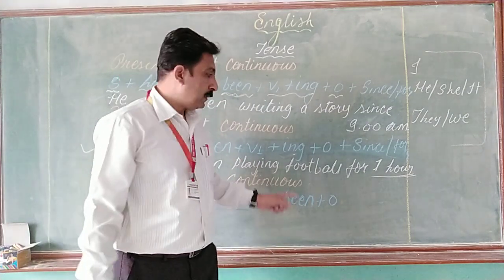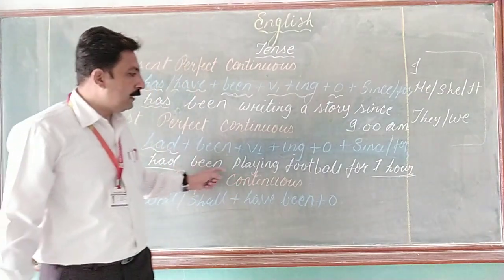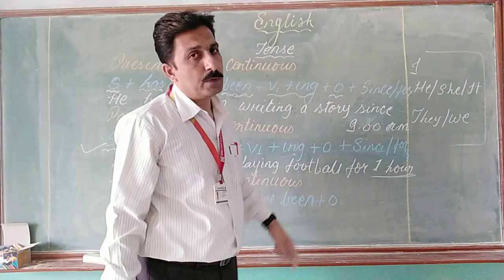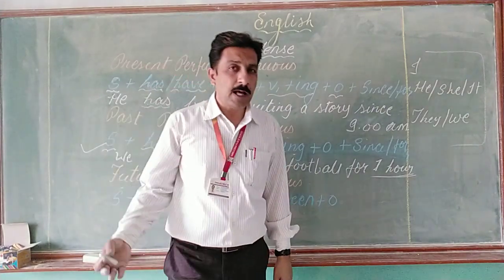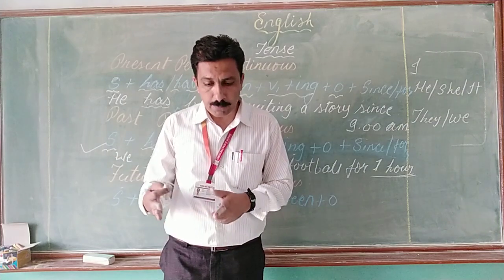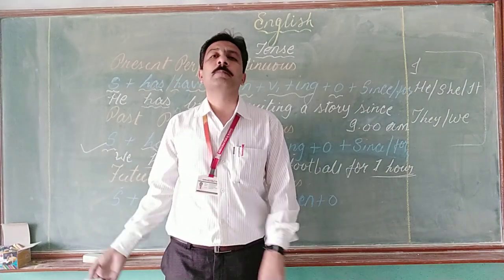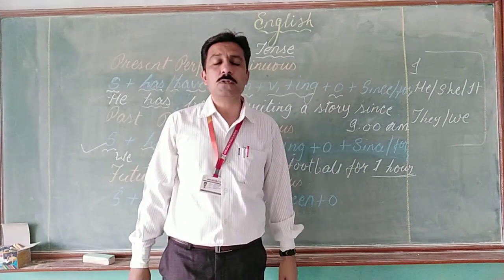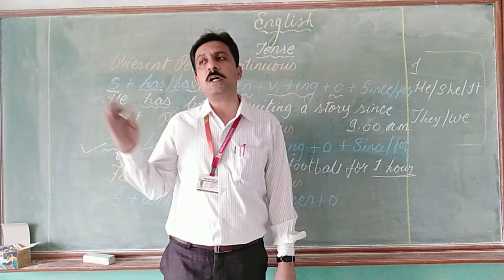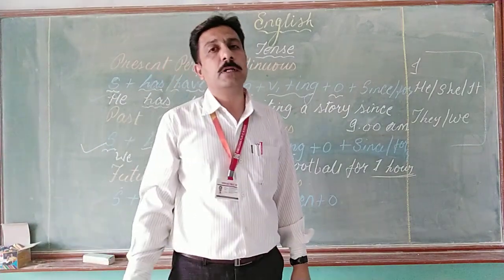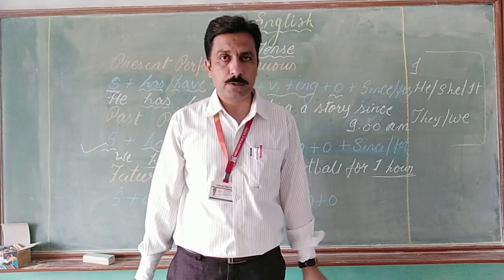How? If I say we had been playing football since last 1 hour. Since last 1 hour means just 1 hour before this particular time. It means if this time is 12 o'clock, you had started playing football 1 hour before that, at 11 o'clock. It is understood.